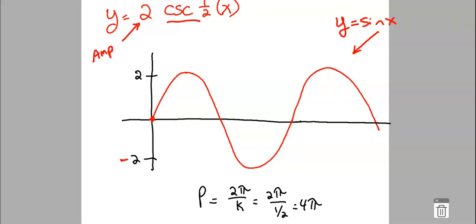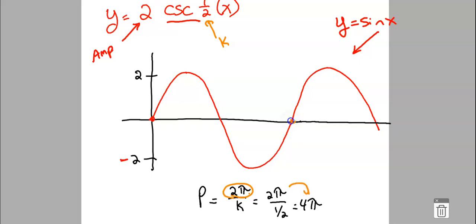So if that's the sine function, let's actually graph the cosecant function. Oh, by the way, the period. Remember, the period is always for sine functions and cosecant functions 2 pi divided by k. This is your k. So 2 pi divided by 1/2 is 4 pi.